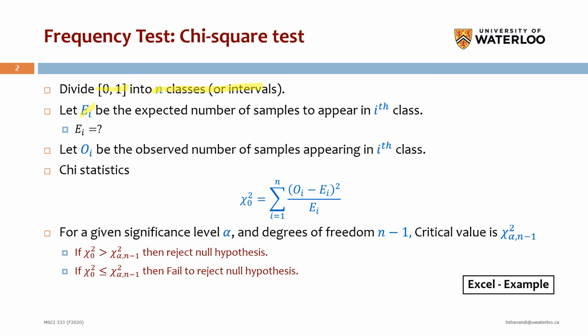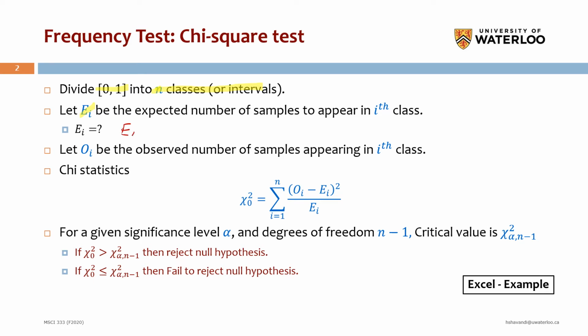Let's say we are dividing the interval of 0 to 1 into 10 intervals: 0.0 to 0.1, 0.1 to 0.2, and so on. So we have 10 classes, or 10 sub-intervals. What's our expectation for the number of samples appearing in each interval, EI?